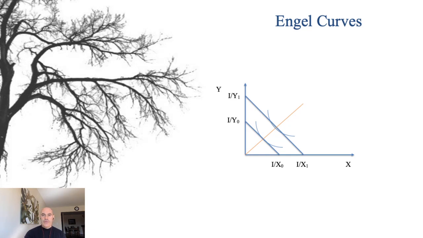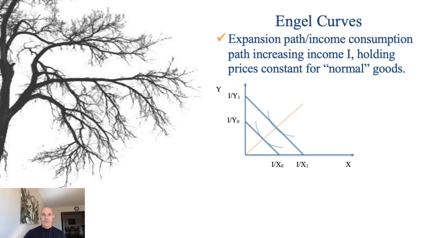All right, so the next one is going to be the expansion income consumption path. The income consumption path is basically this orange line that allows you to connect all those points. What you see on the slide is the case of normal goods.